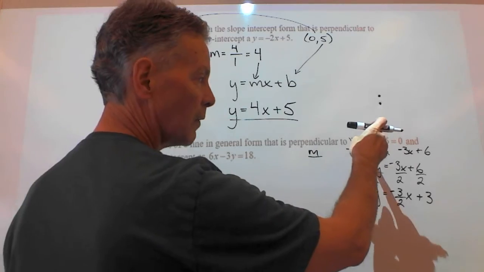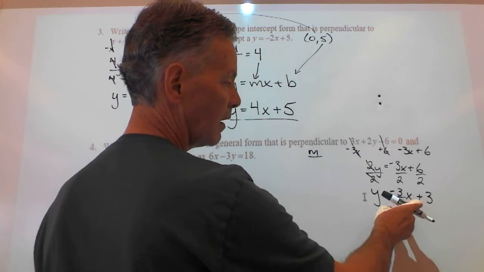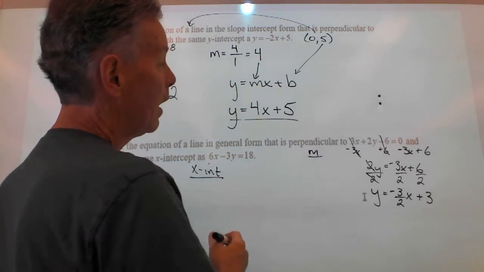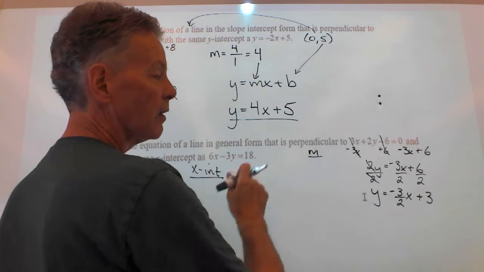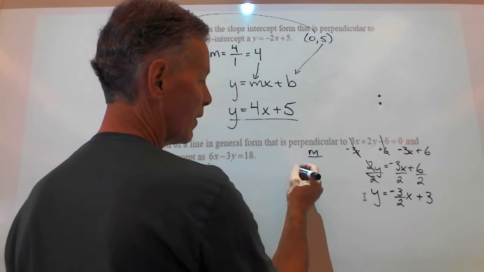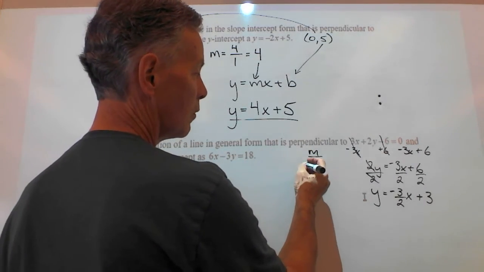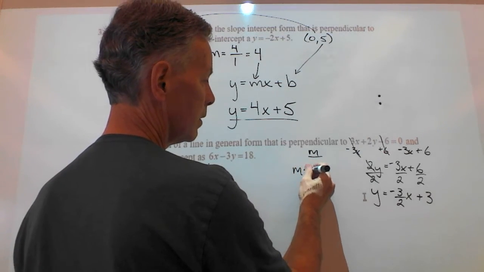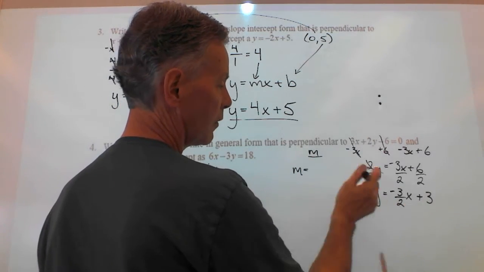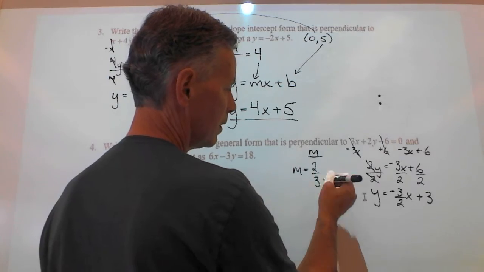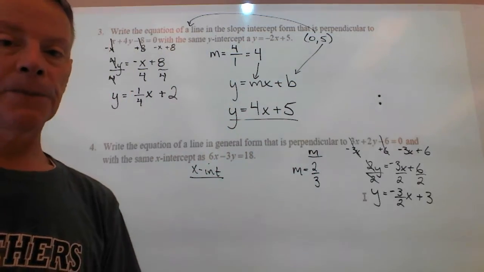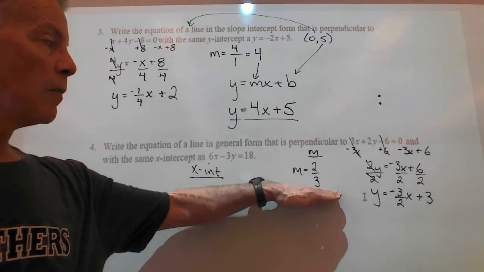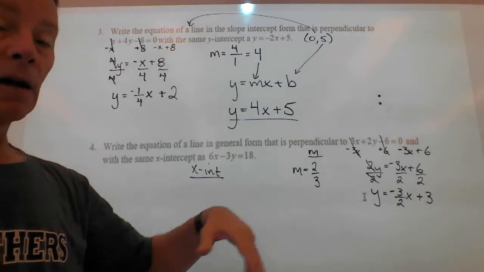So the slope of this line is negative 3/2. Since it's perpendicular, that means the slope of our unknown line will be the negative reciprocal. So we flip it and we change the sign. Okay? So the slope of our unknown line we know.